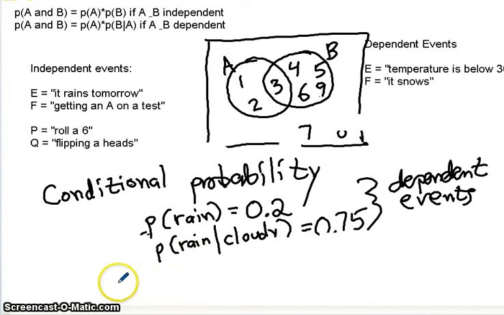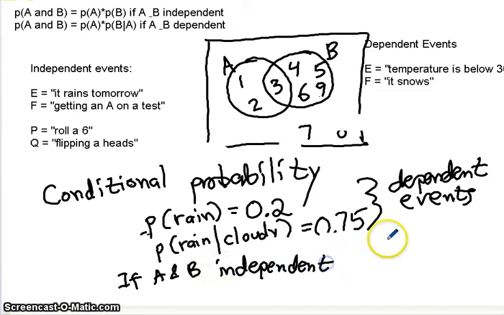Well, if two events are independent, that means I can put this in terms of rules of probability: the probability of A given B is equal to the probability of A. Saying this out in English, it's saying who cares if B has occurred or not? Whether A occurs or not has nothing at all to do with whether B occurs. So this dependence is irrelevant.